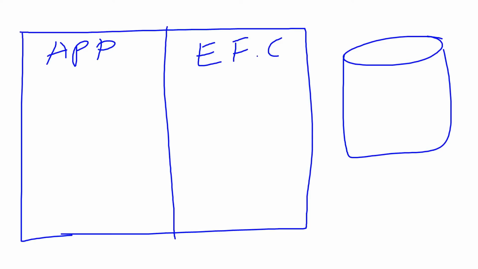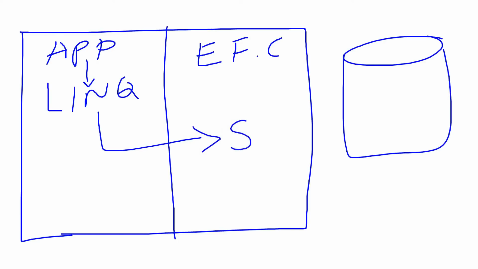In our application, we use LINQ queries to build the queries to get the data from the database. Once we build the LINQ queries, these LINQ queries will be converted to SQL queries using Entity Framework Core, using the Entity Framework tools or technology. These converted SQL scripts will be executed on top of the database.